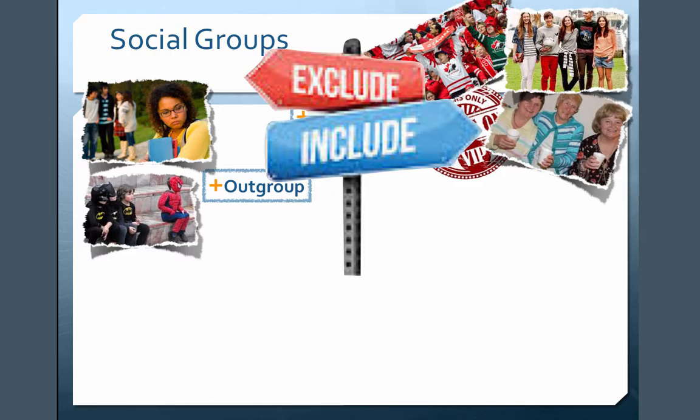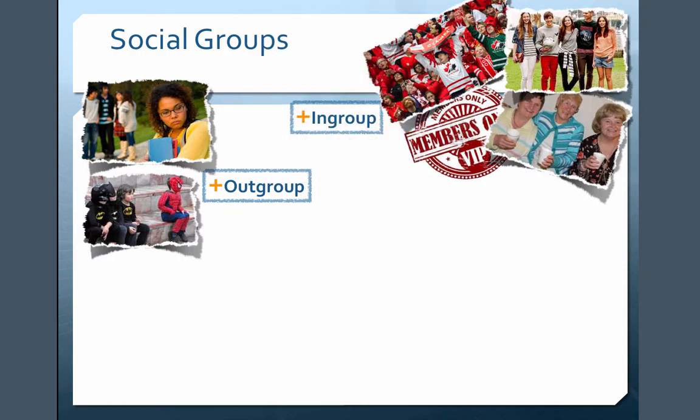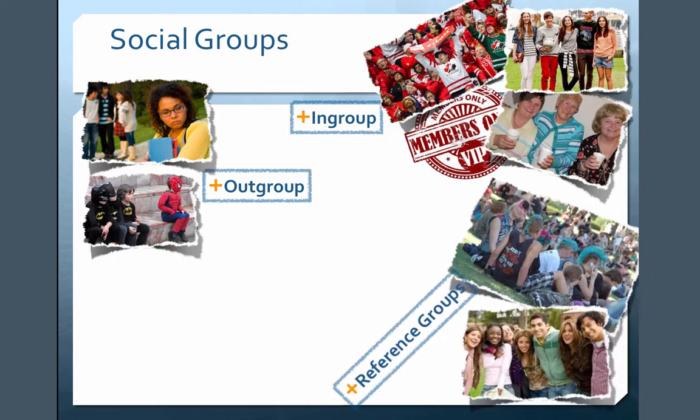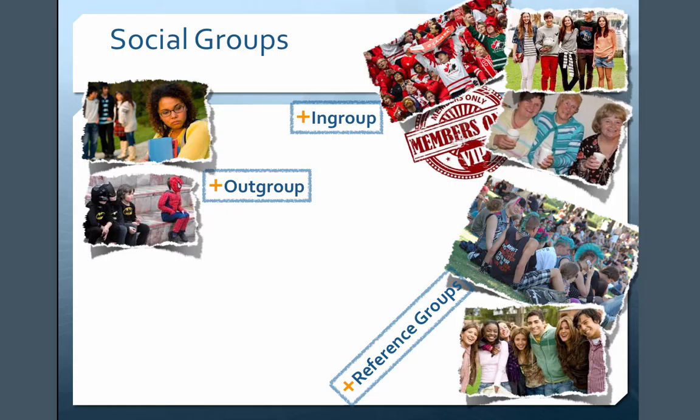Now, part of how we define and determine our social groups is through something called a reference group. Reference groups are groups that strongly influence a person's behavior and social attitudes, regardless of whether the individual, that is you or I, are a member of these particular groups. A reference group helps us explain why our behavior and attitudes sometimes differ from those of other membership groups.